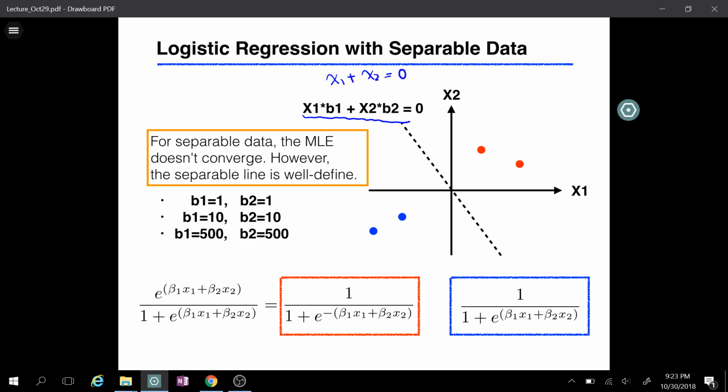Of course, here you could have multiple decision boundaries, but at least for this regression model, although the coefficients are going to infinity, the line such that the predicted probability equals half is well defined, because one side of the equation is 0, so it doesn't matter. You multiply by 500 on both sides, and although you change the coefficients, the line stays the same.